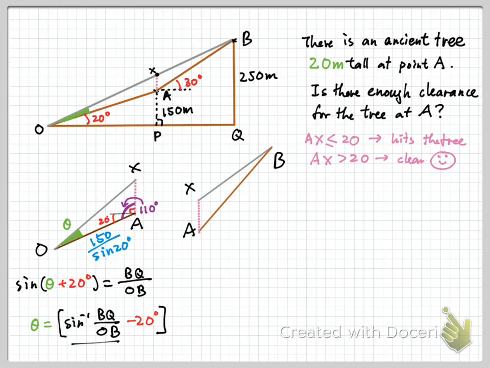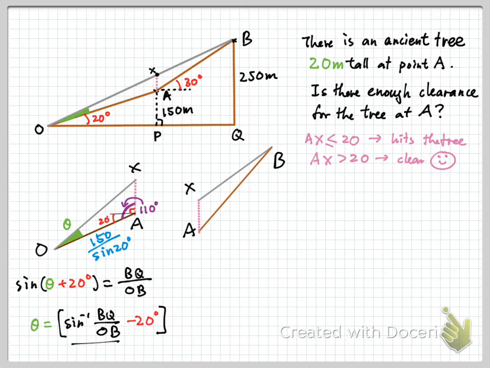There are two solutions, one acute angle, the other obtuse angle. But in this case, we don't have to worry about the obtuse angle. From the diagram, clearly it is an acute angle. The cable car does not work if the green angle is an obtuse angle, because then the cable car goes the wrong way. So from the context, it cannot be the obtuse angle. So you just pick the acute angle. That would be theta in green.